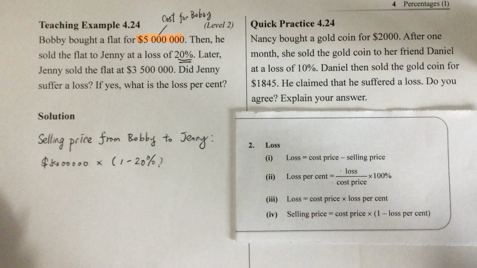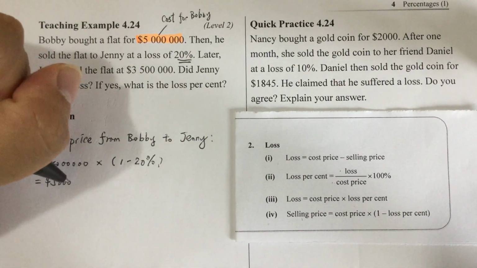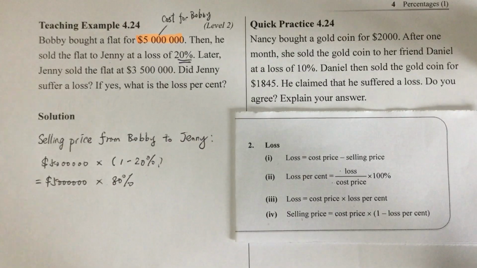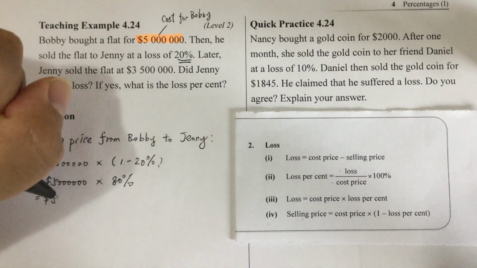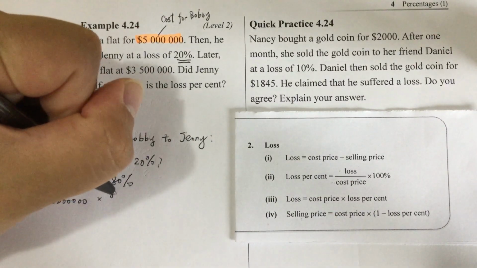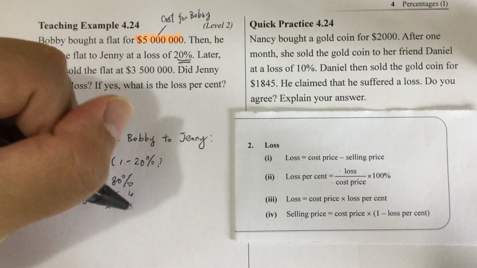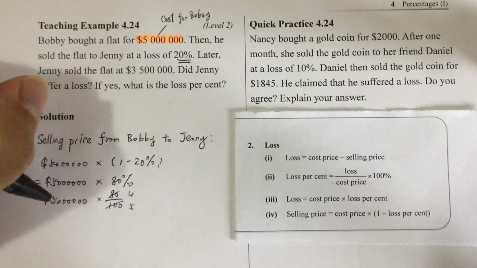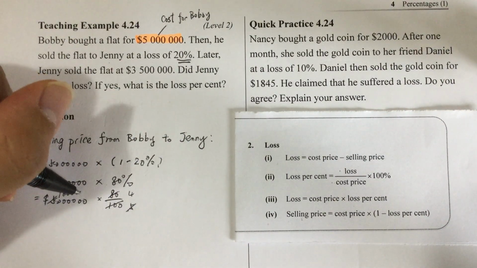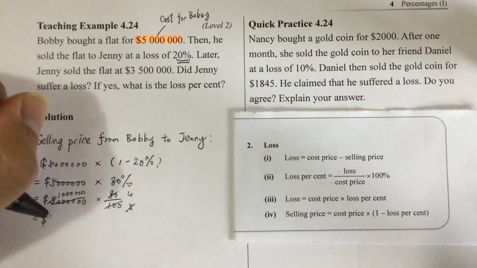After that, the calculation is 5 million times 80%. And then what we can do is 5 million times 80 over 100. And then we can do the cancellation. This is 4, this is 5. After that, we can do the cancellation 5. So you have 1. So the answer for this one is 4 million.